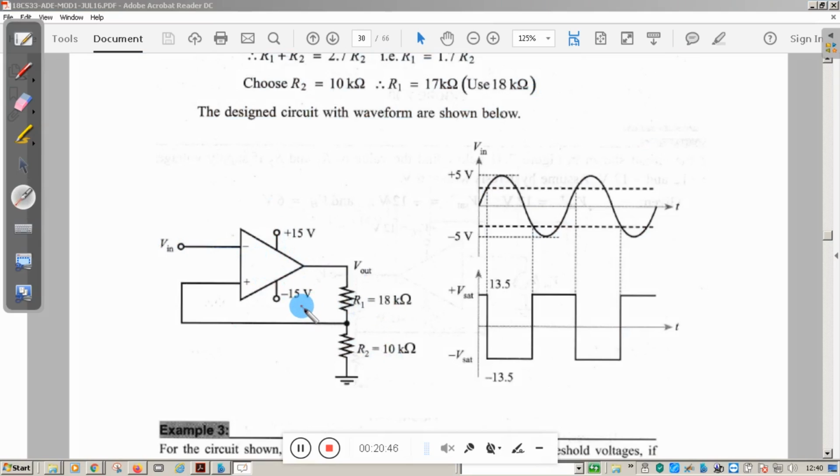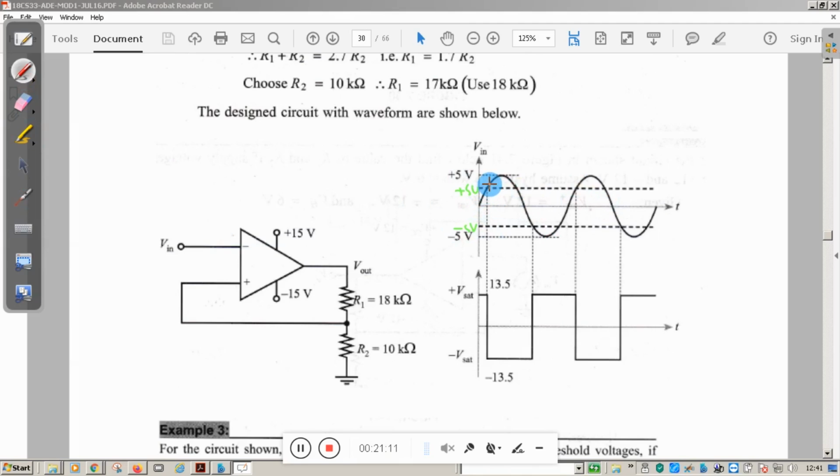Here you see this is the input voltage, and threshold voltage UTP is plus 5 volt and minus 5 volt. Here we found it is a mistake, so plus 5 volt should come here actually. This is the plus 5 volt point and this is the minus 5 volt point.